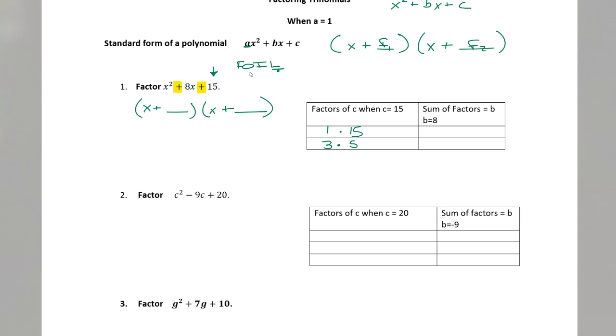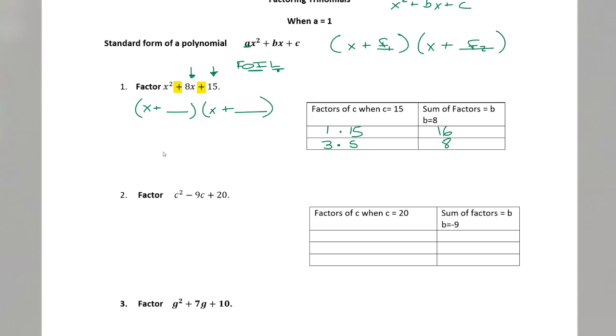Then looking at our outer and inner, we know the sum of those two gives us our second term in our quadratic trinomial. So we need to ask ourselves, is 1 plus 15 going to give us 8? Nope. 1 plus 15 is going to give us 16. And then 3 plus 5 will give us 8.